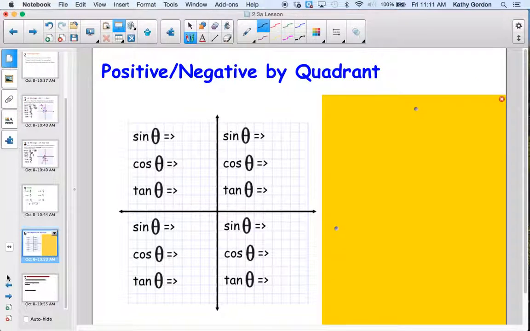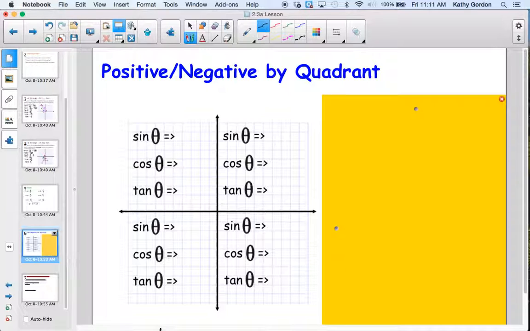So it would be nice if we kind of had a feel for when things are going to be positive and when things are going to be negative. And actually there's a really nice pattern to this. Okay? So if we're in the first quadrant over here, if sine comes from y over r, y coordinates in the first quadrant are always what?